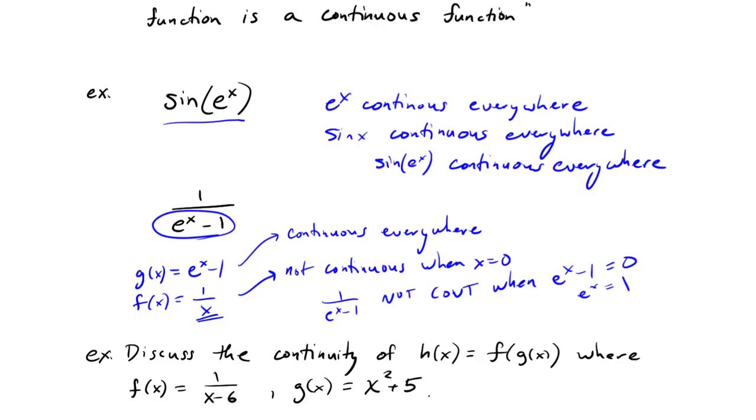And that would mean, well, x equals 0. Okay? So that's why it ends up not being continuous at x equals 0. Because when I put 0 into the denominator, I get 1 minus 1, I get 0 in the denominator, and hence I get a discontinuity in this function.